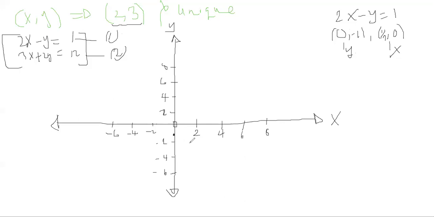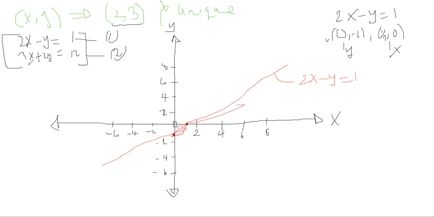So we have it, then that is the y-intercept. So when y equals 0, x equals half, which will be around here. So we will have a straight line. I'm sorry, drawing a graph with a mouse is very horrible, but let's assume this cuts here. Okay, let's say it cuts here. So this will be the graph of 2x minus y equals 1.